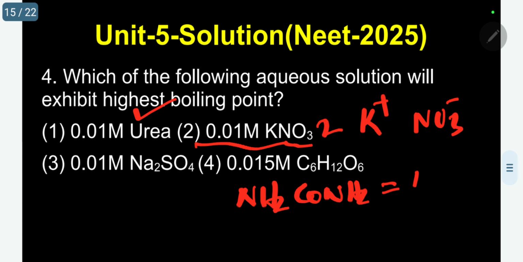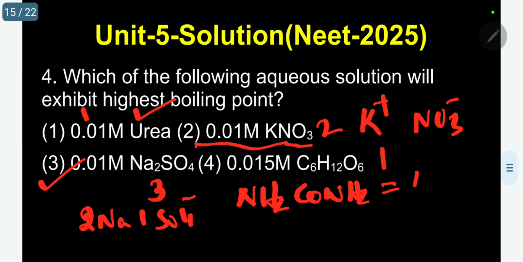Sodium sulfate gives 3 particles, 2 sodium and 1 sulfate. Glucose is only 1 particle, 0.015 m. So delta T is directly proportional. When the particles increase, the boiling point increases, and correspondingly the elevation of boiling point increases. Kindly follow. So 3 should be the correct answer.